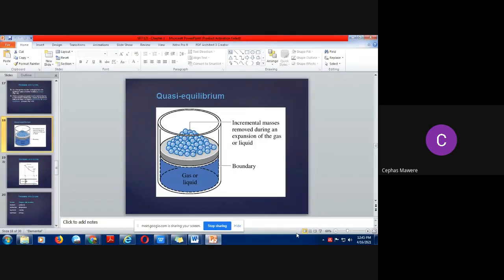We are saying that process is a quasi process or a quasi equilibrium, because you cannot really tell the difference whether there is a change in pressure. What you really note is a change in the volume of the system.